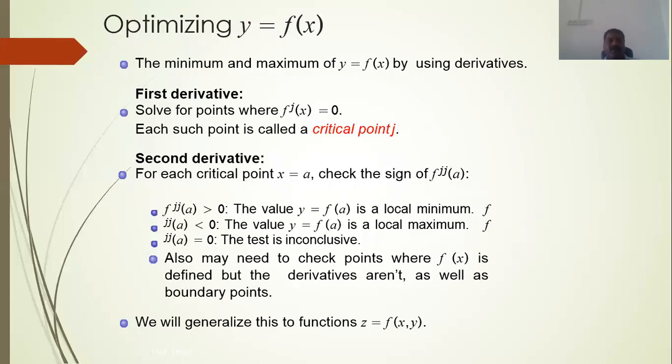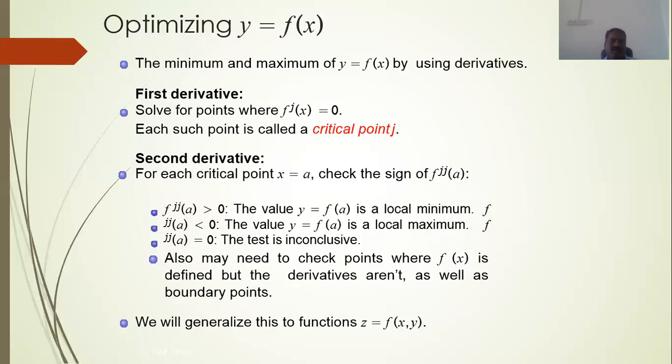If f double dash a is greater than 0, then the value of f of x at x equal to a is said to be a local minimum of that function. If f double dash a is less than 0, then that a is said to be a local maximum. If f double dash a equal to 0, the test is inconclusive, meaning we need further investigation.